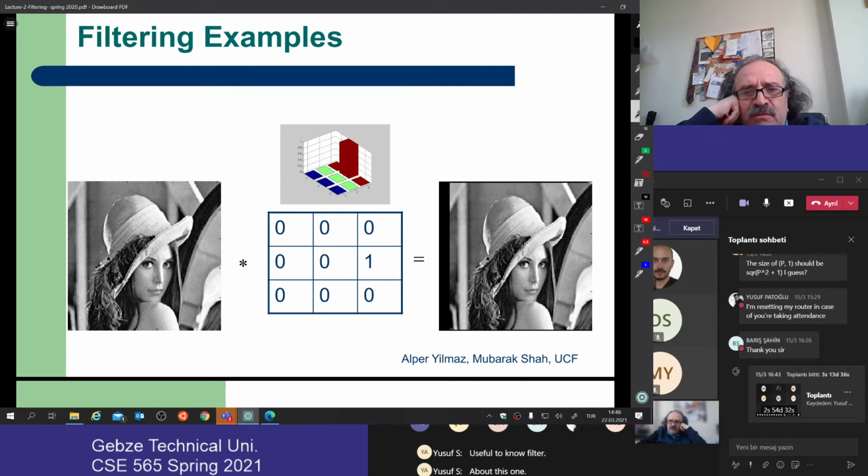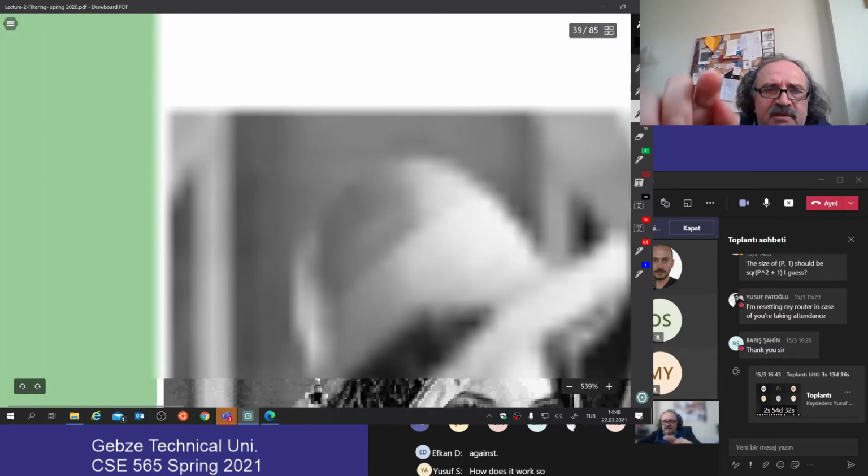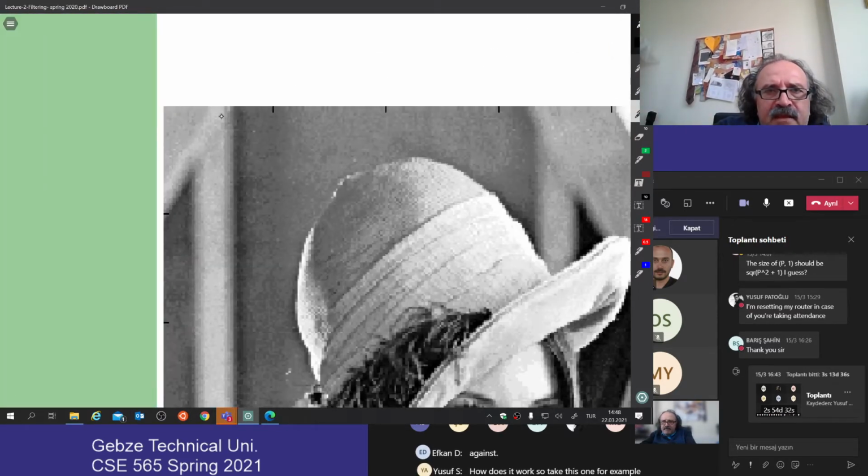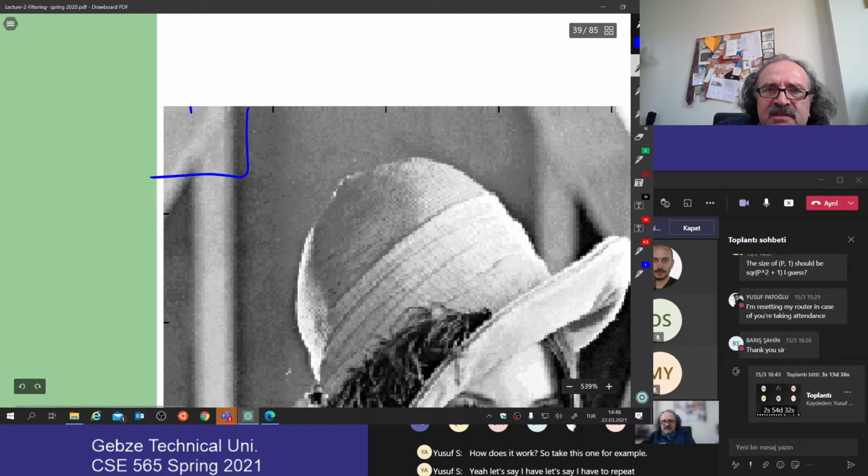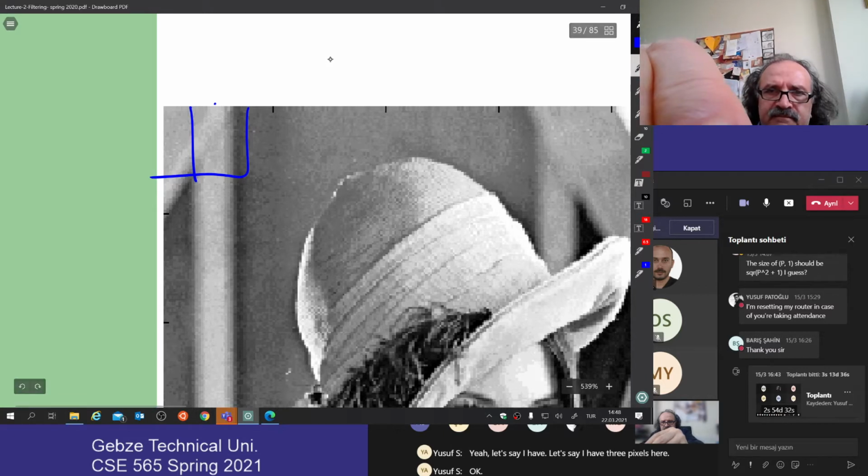How about this one? What does it do? Shift, I guess. How does it work? So take this one for example. Let's say I have 3 pixels here. I have 3 pixels.